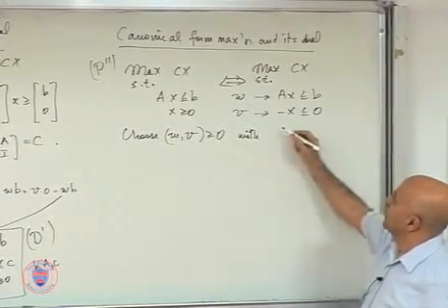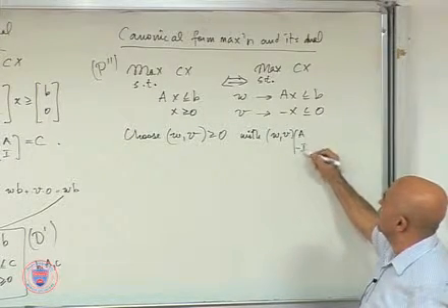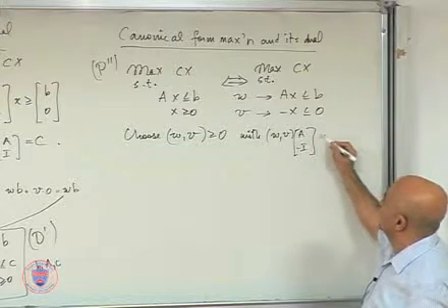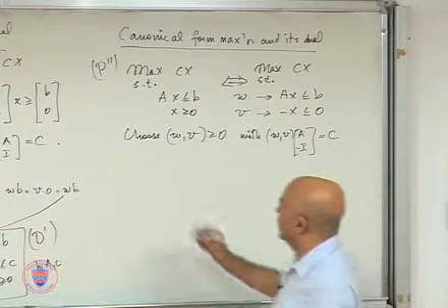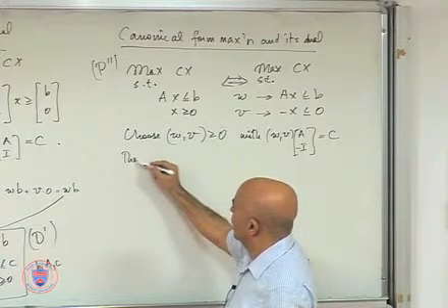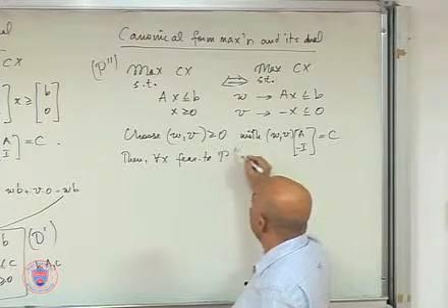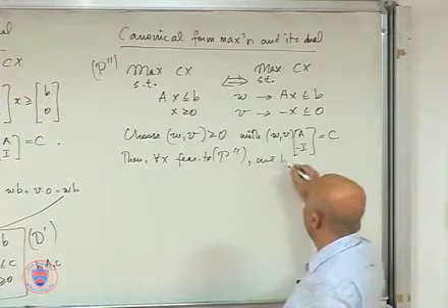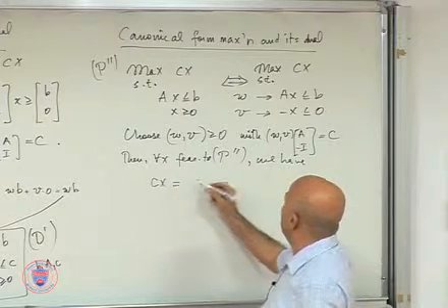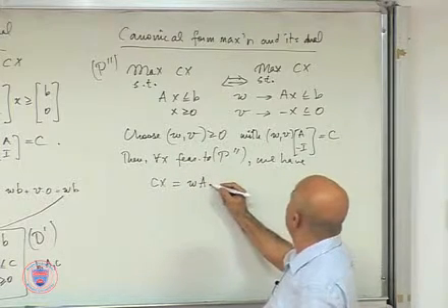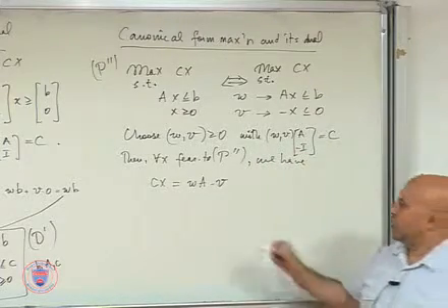with WV times the matrix A minus identity, producing C. Then, for every X feasible to P double prime, we again have Cx, which is now equal to WA minus V. I'm just multiplying them out.